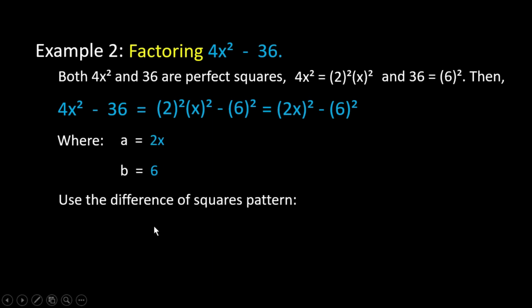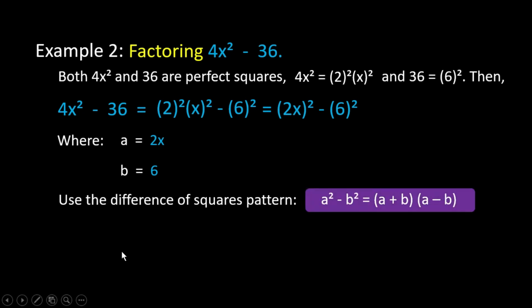So, pwede na natin i-substitute sa ating pattern. Okay? A squared minus b squared equals to a plus b multiply to a minus b. Actually guys, tong dalawa na to, this is our two factors.